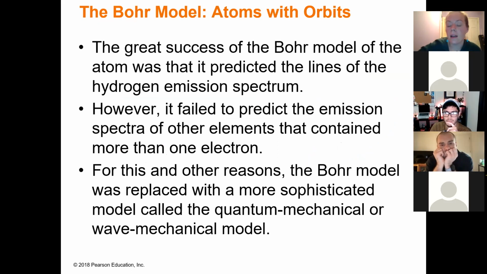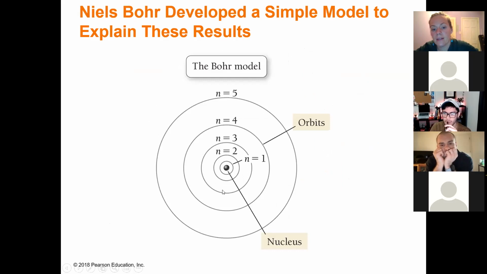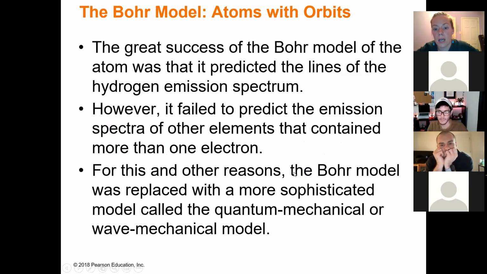But we still use this model to explain electron distribution because it's so simple. We use it a lot of times in high school chemistry, but we're going to actually move out of the Bohr model, which is really, really simple. We've got these orbits, these little tracks, and we're going to move to the quantum mechanical model.